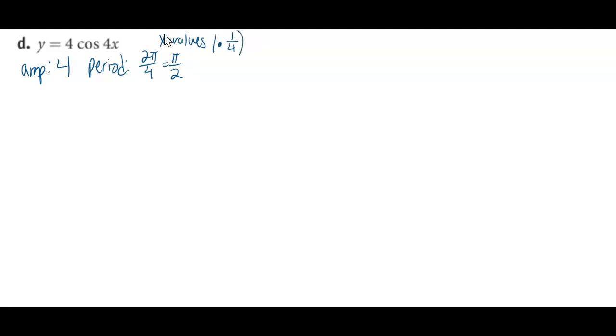Again, dividing by 4 or multiplying by its reciprocal, 1/4, are the exact same thing. So if you like this idea of only multiplying, always multiply by the reciprocal. For x values, you do the opposite. And then those y values, you're multiplying by 4.